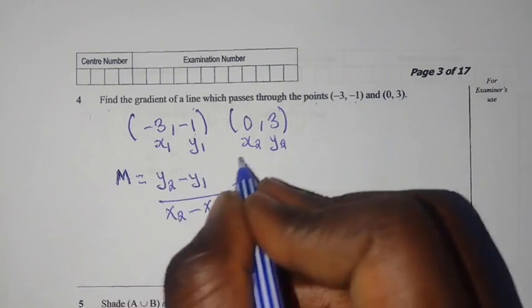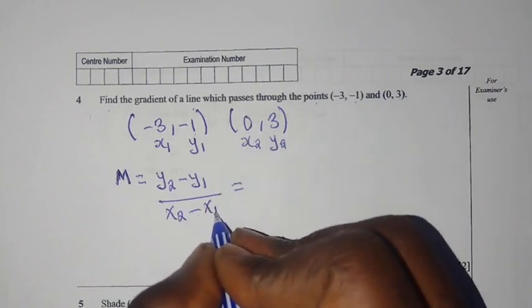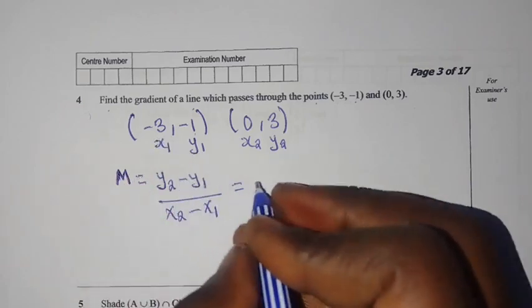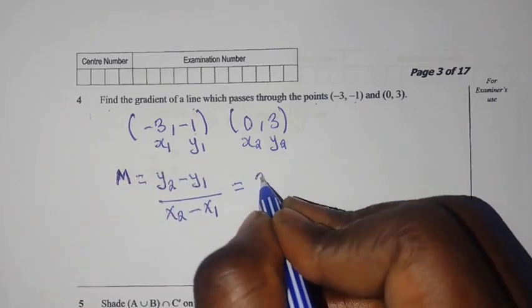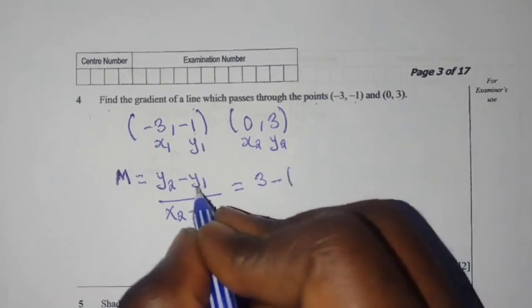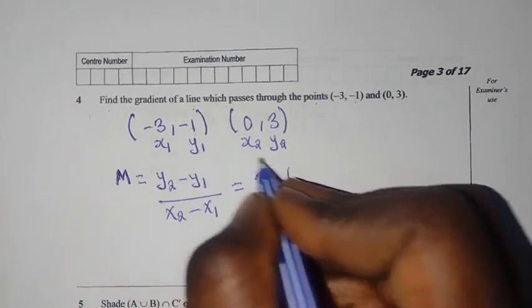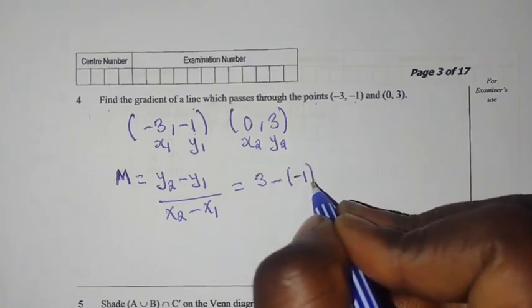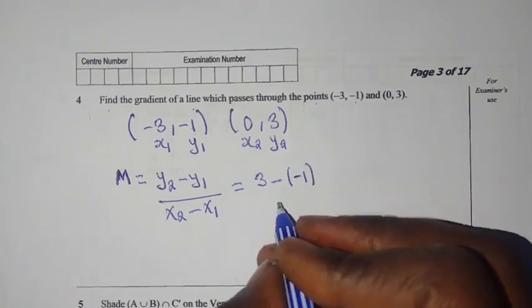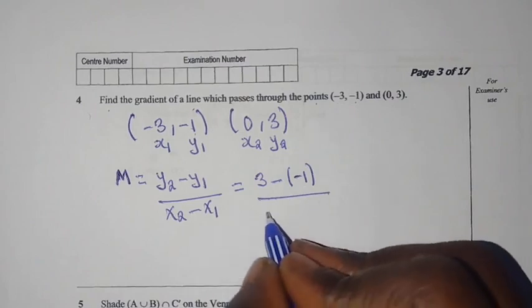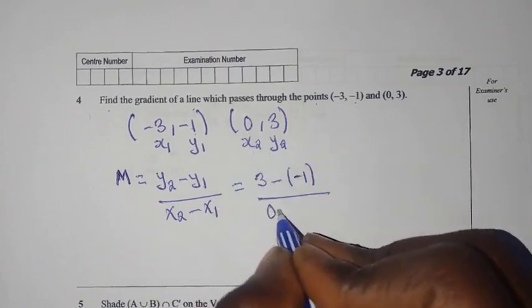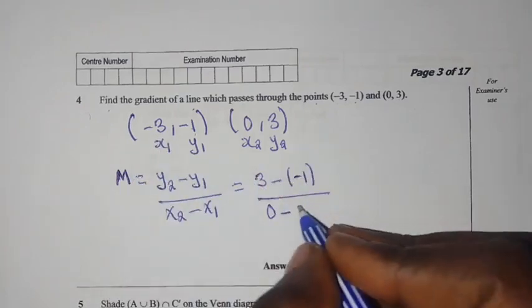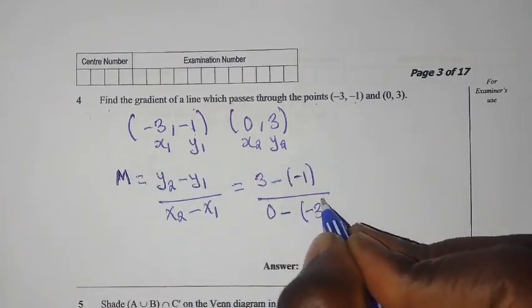Where there is x2, we put a 0. Where there is x1, we put a -3. So we substitute 3 minus. Now this y1 is having a -1, so I'll put it in brackets so that the negative is not affected. Divided by the x2, which is 0, minus the x1, which is -3. I also put it in brackets.